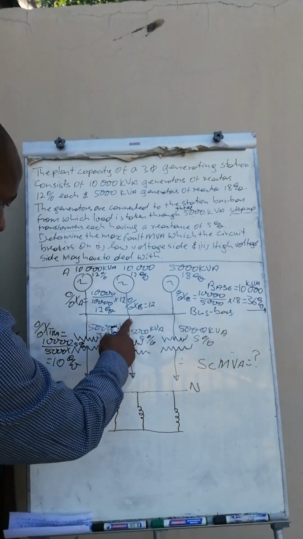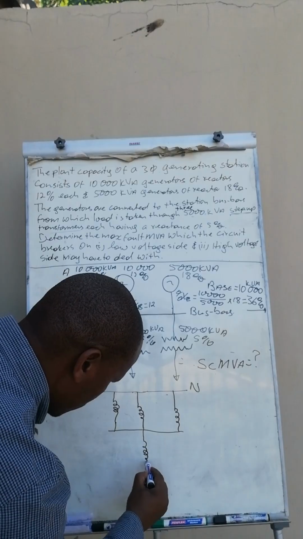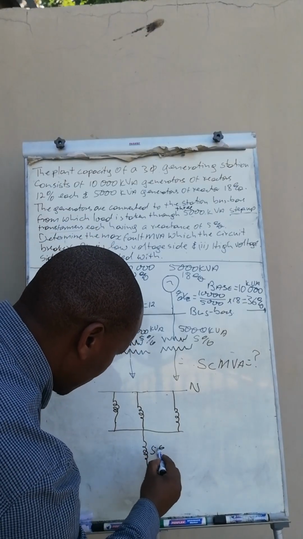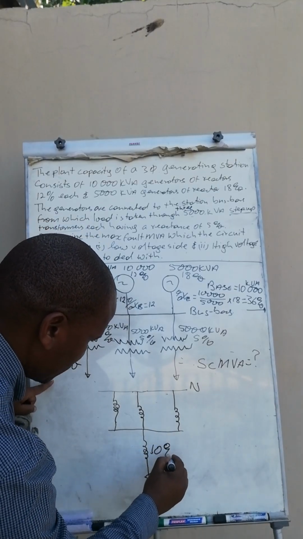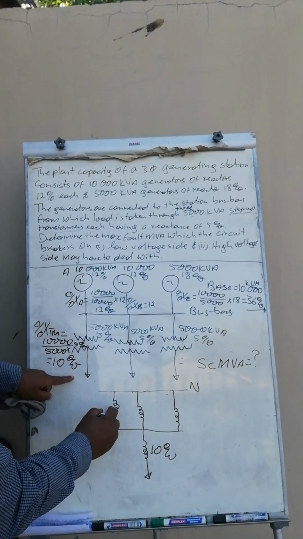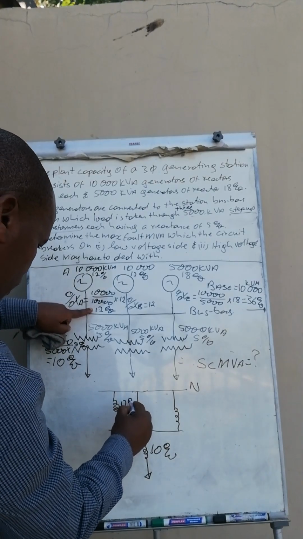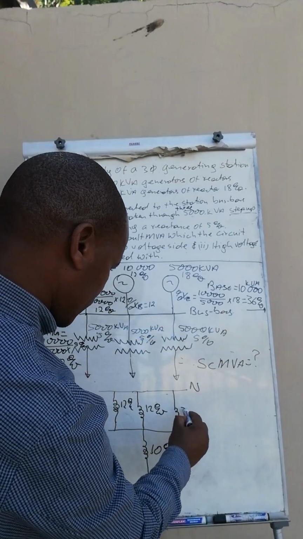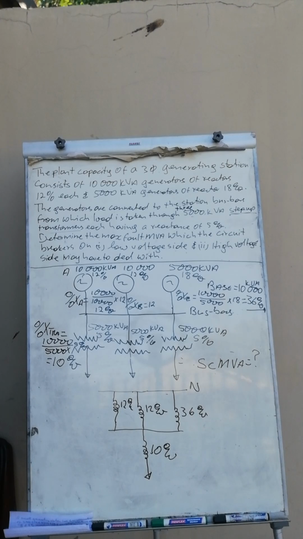You have chosen only one line; you can choose any line. And then this one is 10%. Sorry, it's 10%. This one is 12%. This one is 12%. This one is 36%.